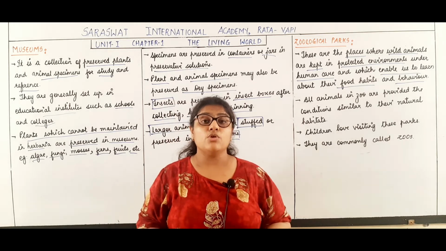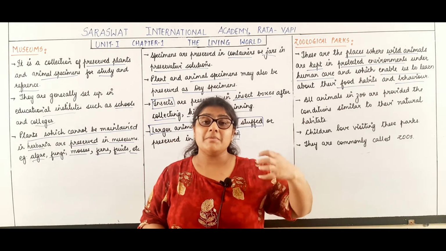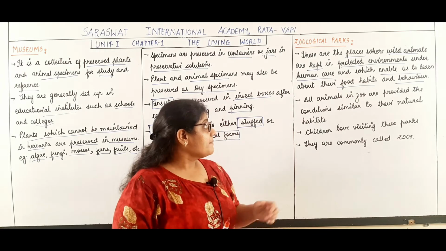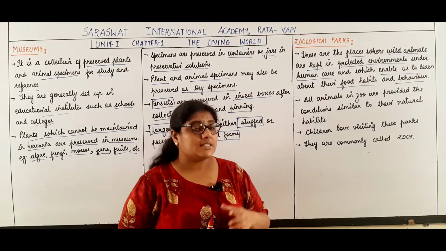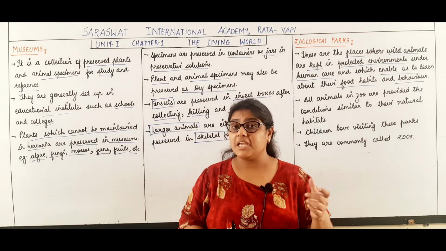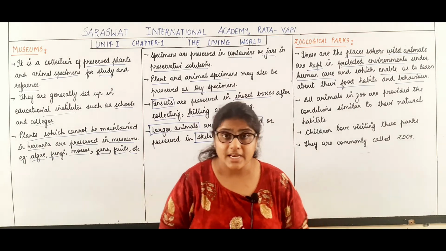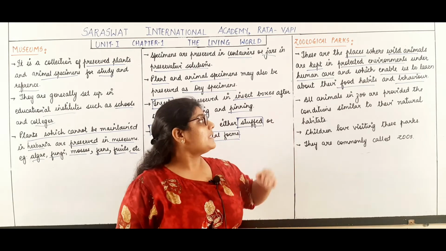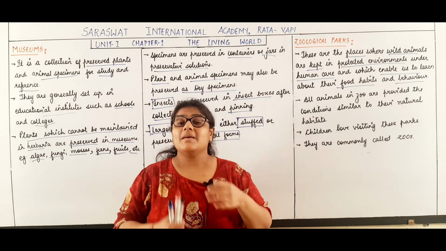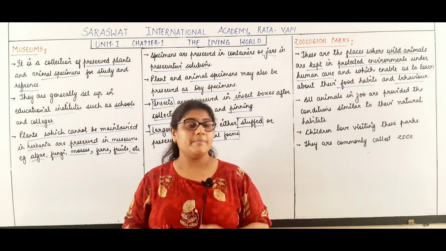So human beings will be taking the care of the wild animals, and by doing this we get to know about the food habit and the behavior of that particular animal. By keeping the animals in the zoological park or zoo, it enables us to know the food habit and the behavior of the animals.